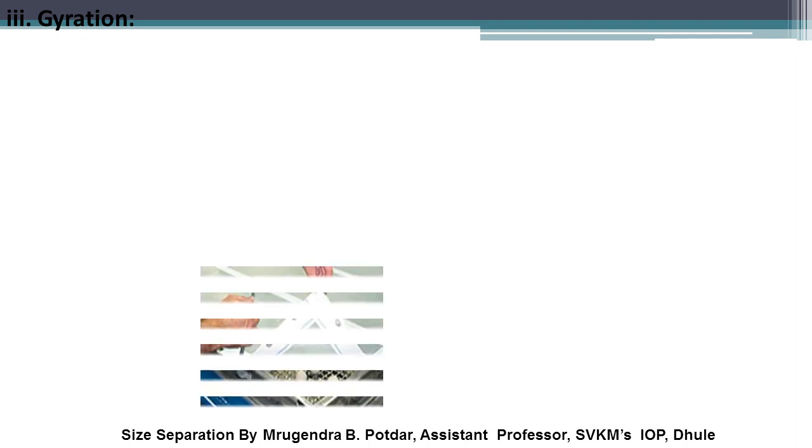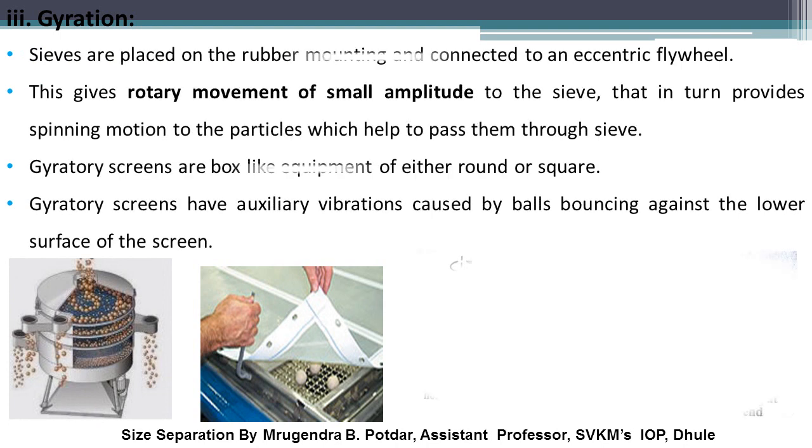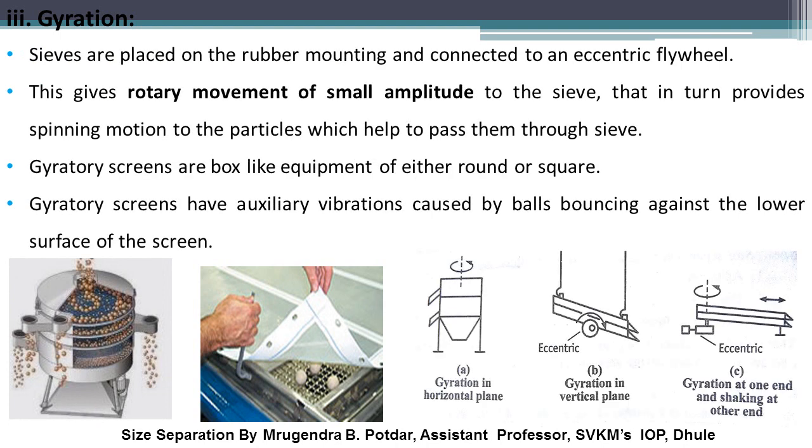The third method of agitation is gyration. Gyration is again a type of movement, but it is circular or spinning motion. The sieves are placed on a rubber mounting and connected to an eccentric flywheel.